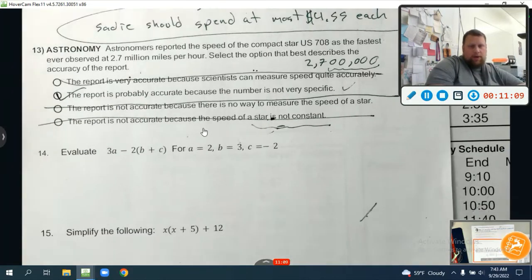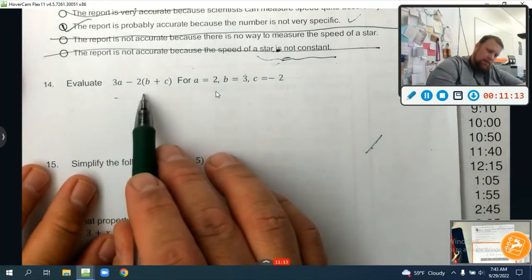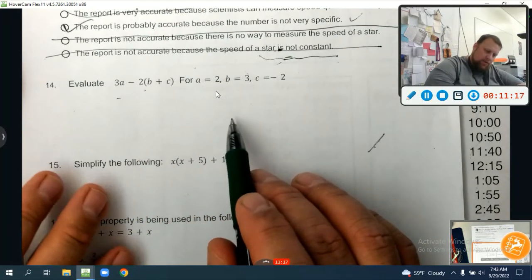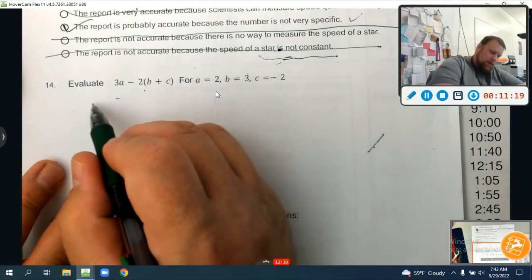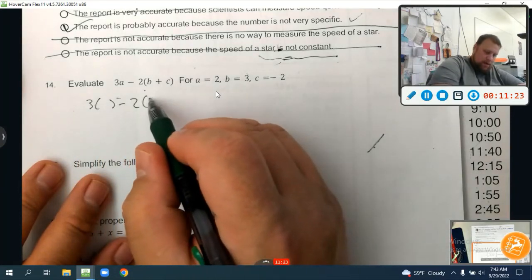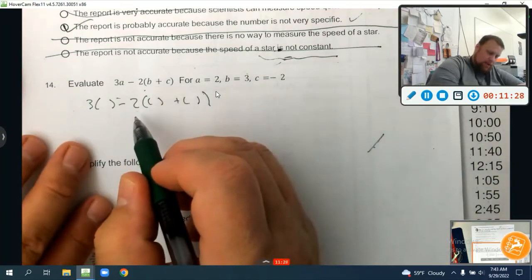All right, let's do some evaluates, simplifies, and talk about properties. So evaluate 3a minus 2 times the quantity b plus c for a equals 2, b equals 3, c equals negative 2. So let's try this. 3 times a minus 2 times b plus c. I always like to put stuff in parentheses. It helps me out.